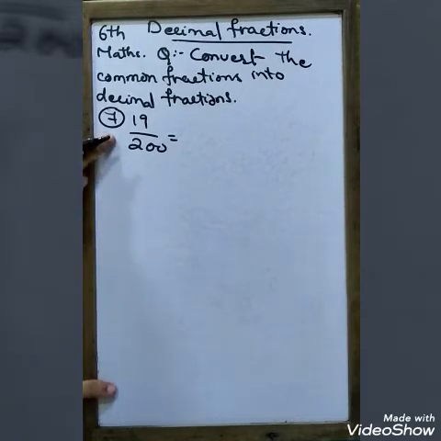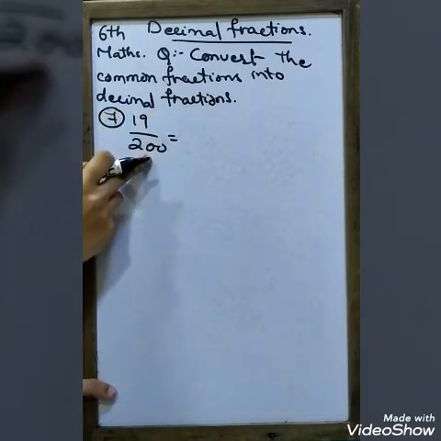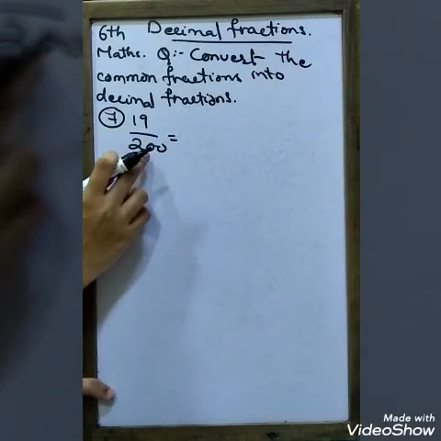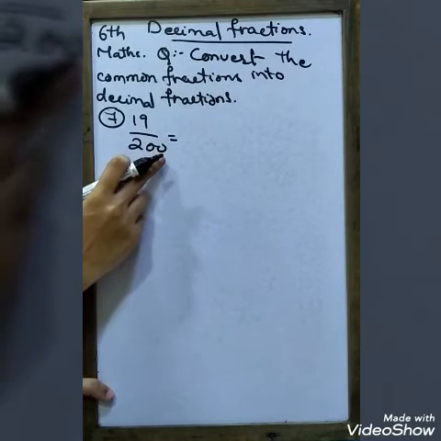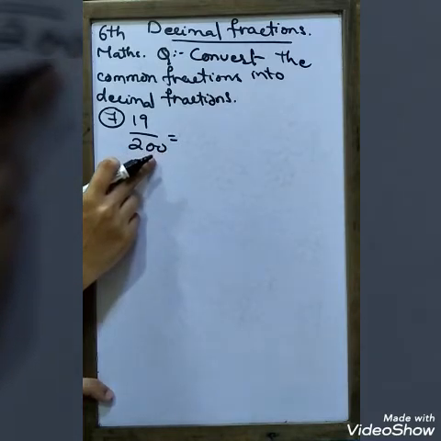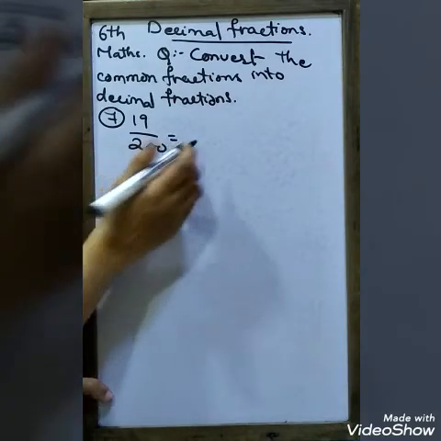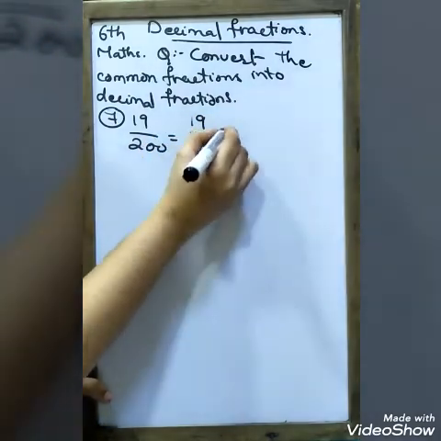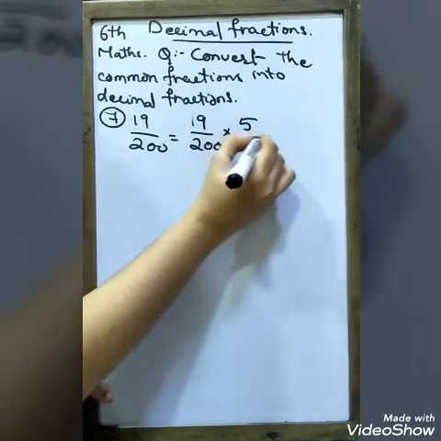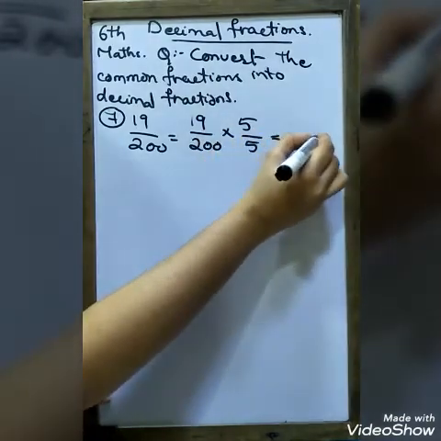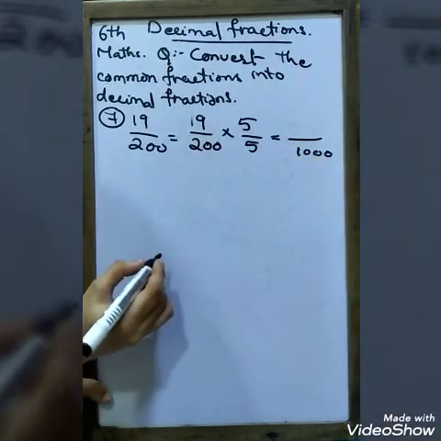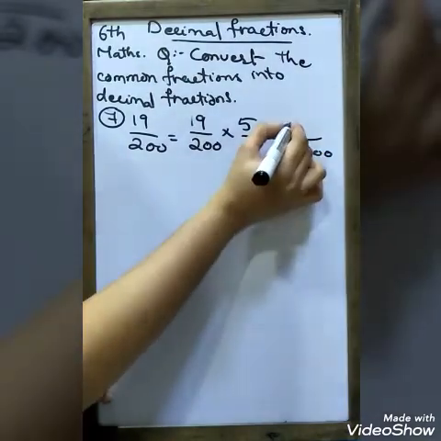Now the seventh question given to us is 19 upon 200. If the 200 is there, we are supposed to change it into thousand. For that purpose we are going to multiply it by 5. So 19 upon 200 into 5 upon 5 is equals to 19 5s are 95 upon 1000.